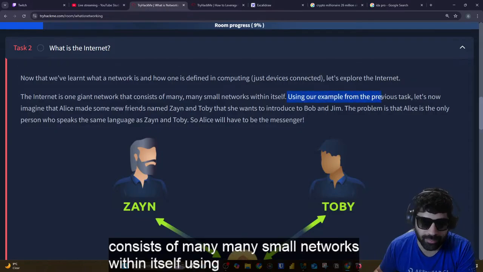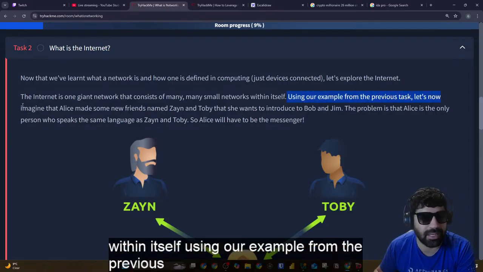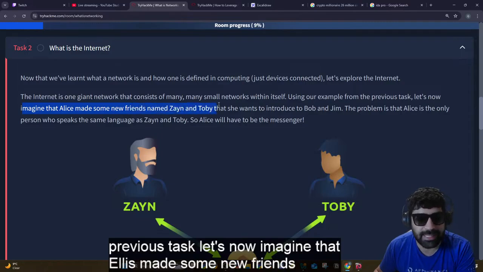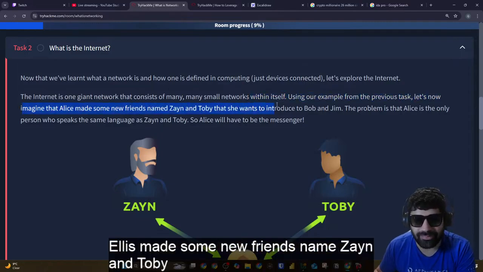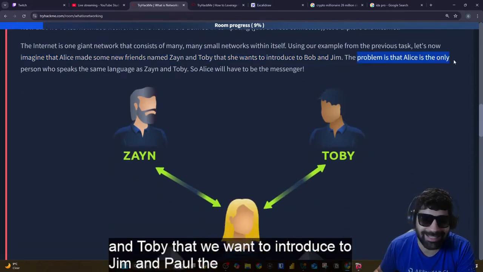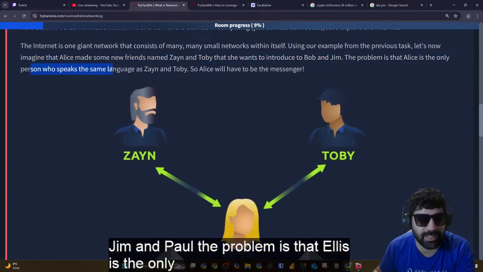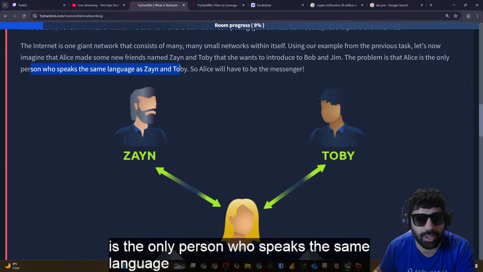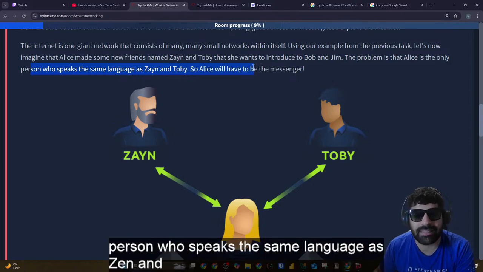Using our example from the previous task, let's now imagine that Alice made some new friends named Zayn and Toby that we want to introduce to Jim and Bob. The problem is that Alice is the only person who speaks the same language as Zayn and Toby, so Alice has to be the messenger.